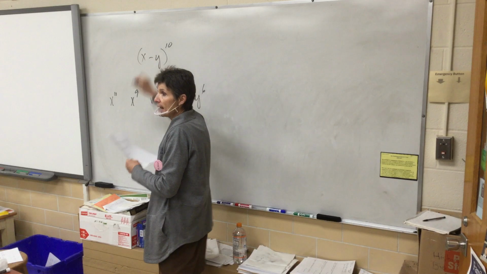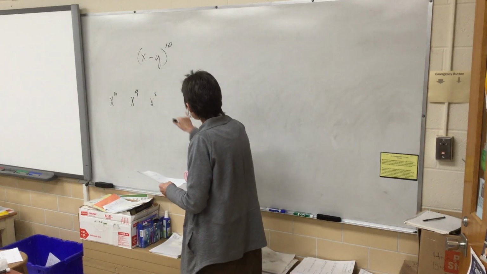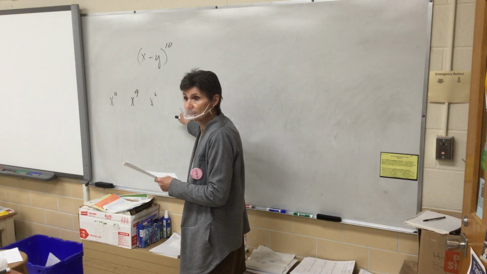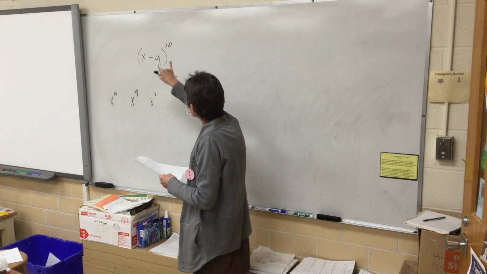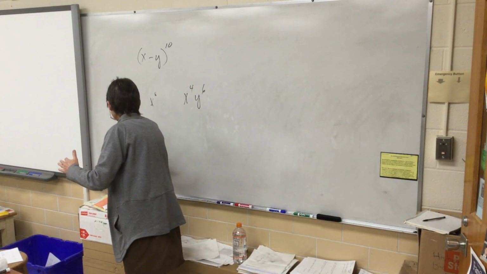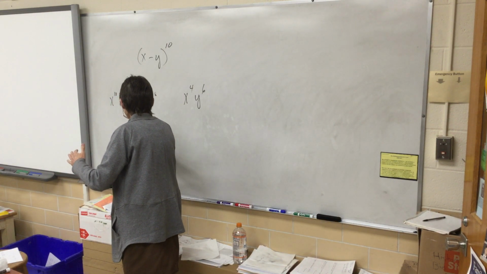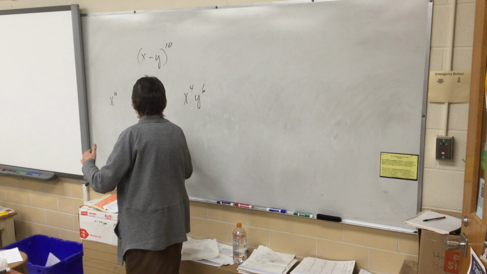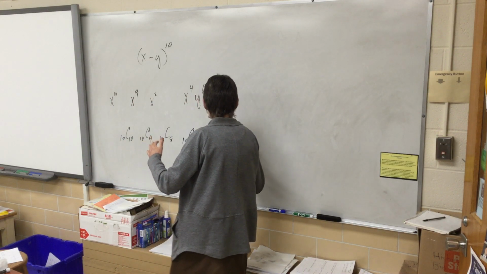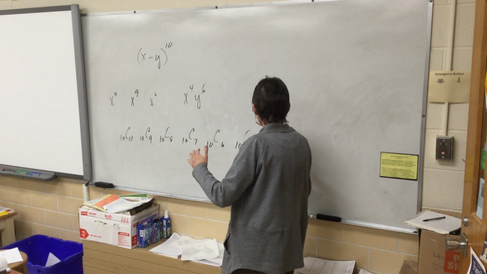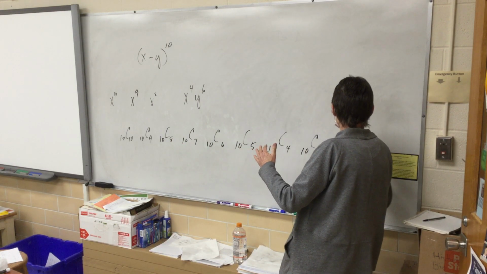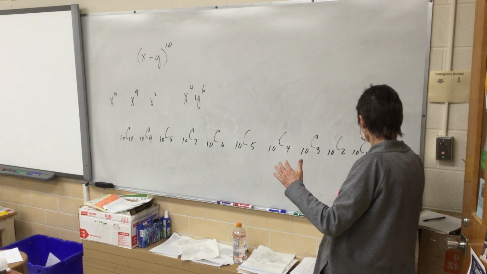Right? Now, the only thing I'm not sure about is, what is the number that's going to be hooked to that x to the 4th? Well, in the 10th row, I know the numbers are 10C10, 10C9, 10C8. Now, you don't have to write all these out, but I am, just for purposes of our conversation.